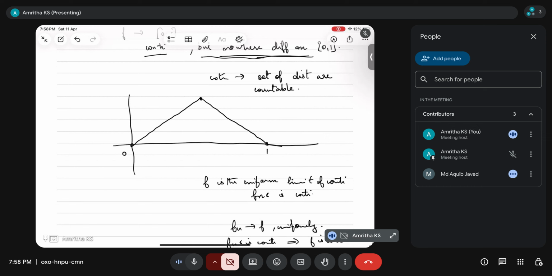So the thing is, this is our F1, and then we divide it into 4 intervals. Now, if this is 1 by 2, we take 1 by 4 and then draw peaks here.